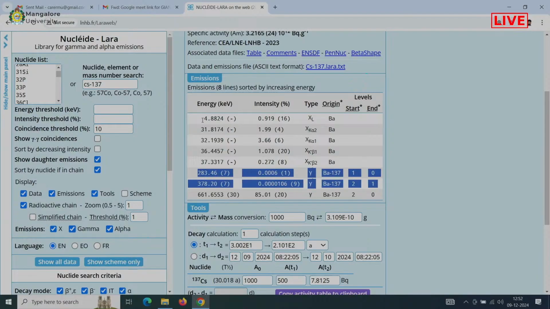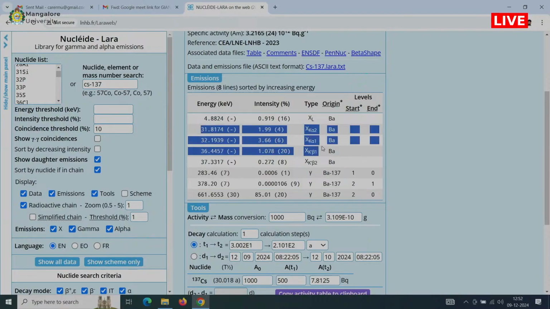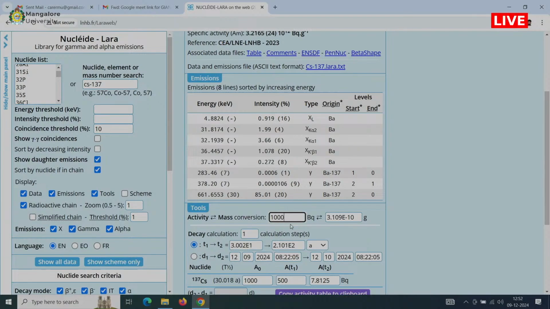But there are emissions of X-rays too. And for example, if you want to calculate activity to mass, in this case, if I assume 1 becquerel, how much is it in terms of mass? Very low amount, 3 times 10 to minus 13 grams.